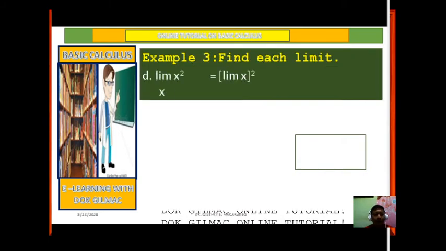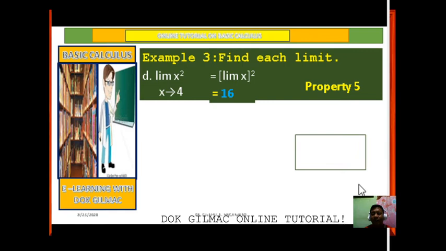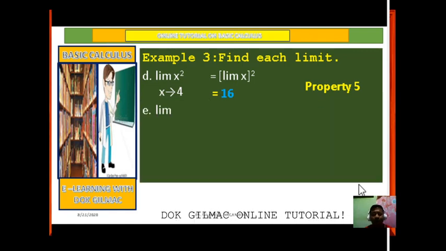Then let's have example letter D. The limit of x squared as x approaches 4 is the same as the limit of the quantity x as x approaches 4, the quantity squared. Okay? So that's 16, since 4 squared is equal to 16. This time, property 5 is illustrated.